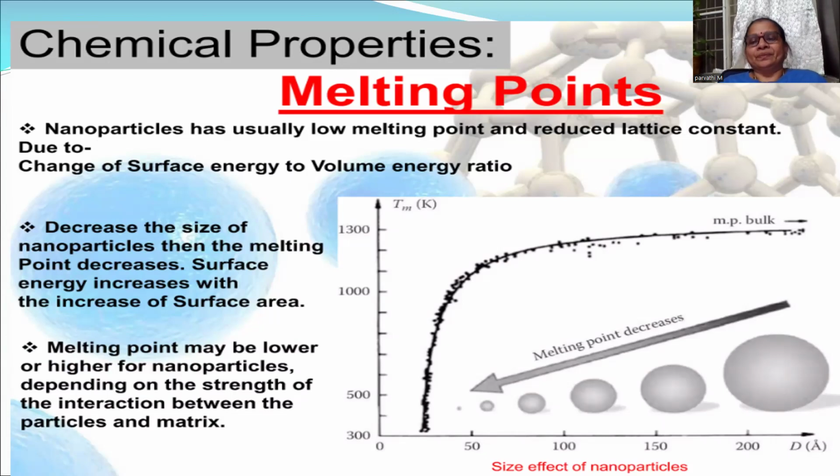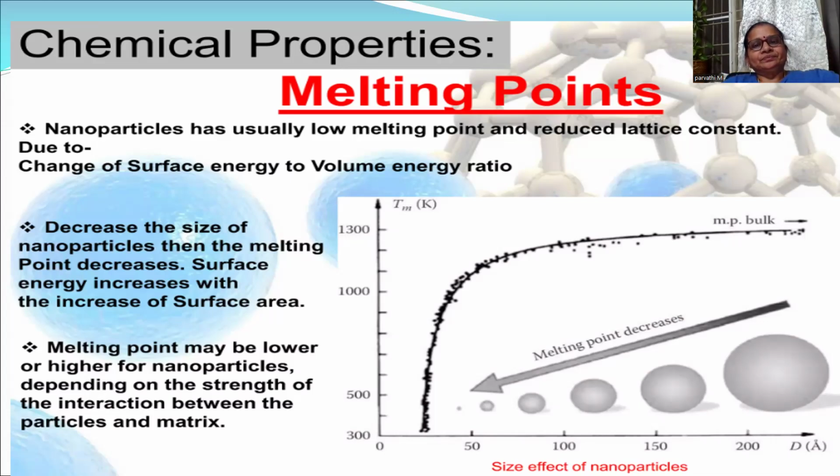Their melting point is very low compared to bulk-scale materials. The lattice constant also changes due to the change in surface energy to volume energy ratio. As the size of the nanoparticles decreases, the melting point decreases, since surface energy increases with increasing surface area.